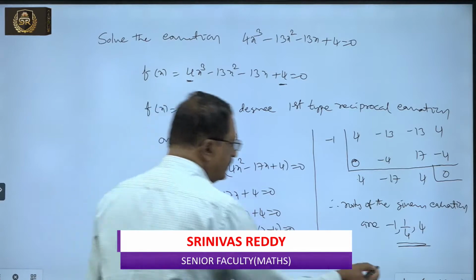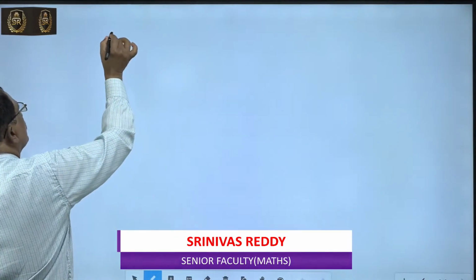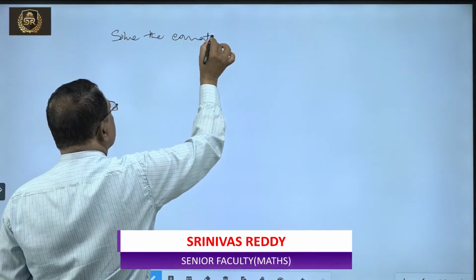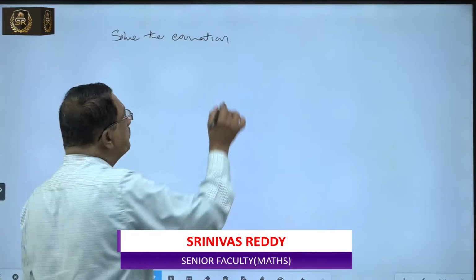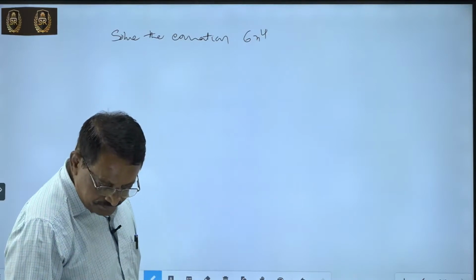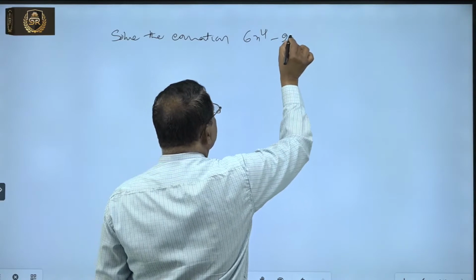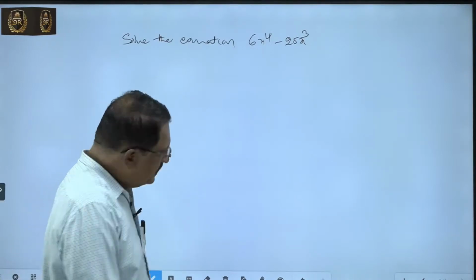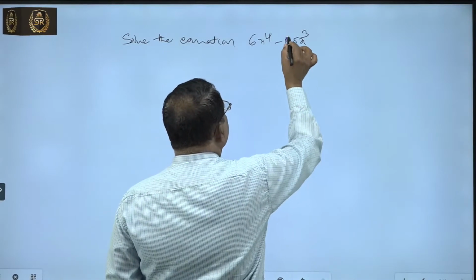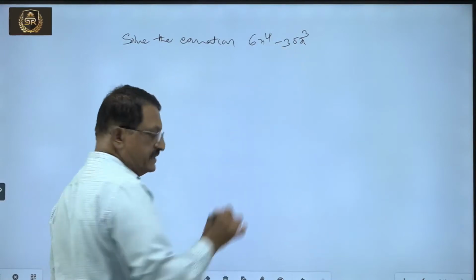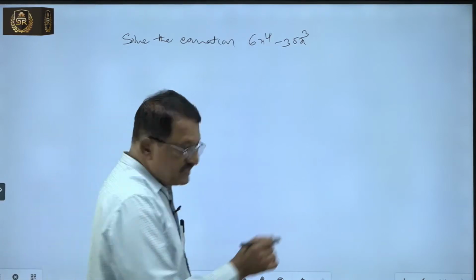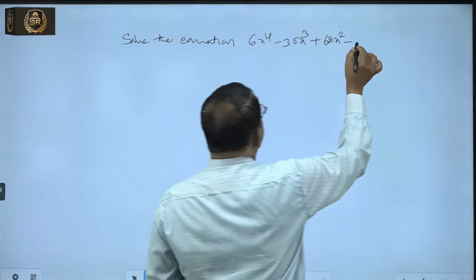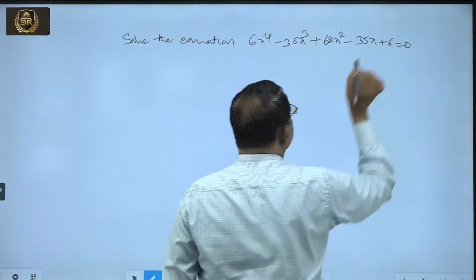Next, solve the equation 6x power 4 minus 35x cube plus 62x square minus 35x plus 6 equals 0.